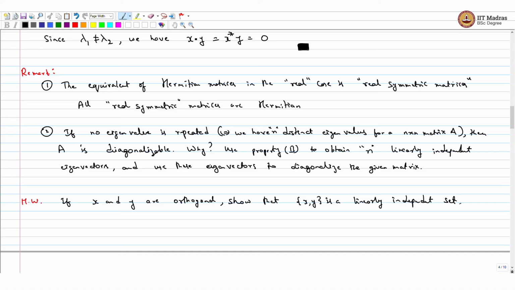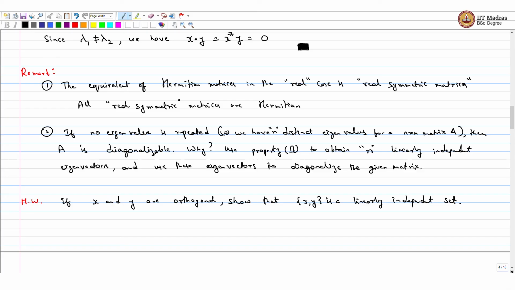If you want a linear combination of x and y to be 0, you have to look at linear combinations that lead to 0. Say alpha 1 x plus alpha 2 y equals 0. And then take a dot product with anything, say x, to infer the other coefficient is 0. Say alpha 2 equals 0, and do the reverse. That's a very strong hint. Please think about and solve this.